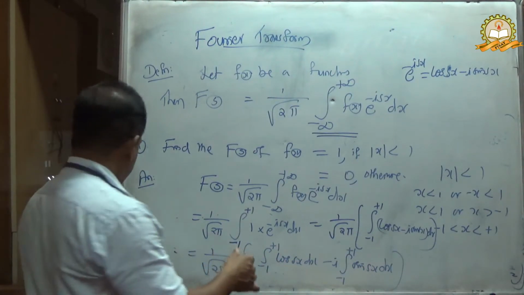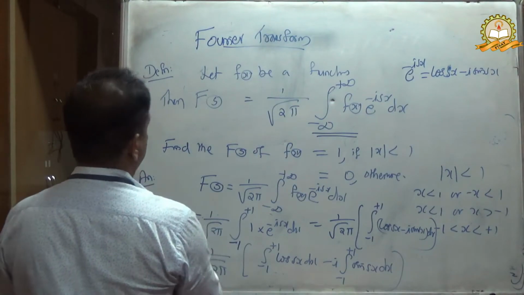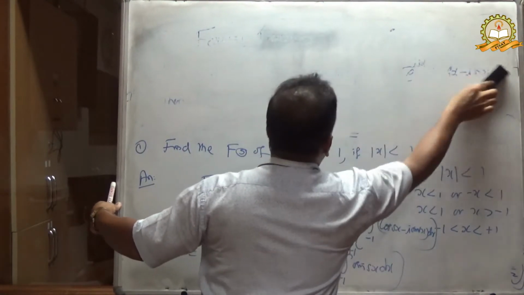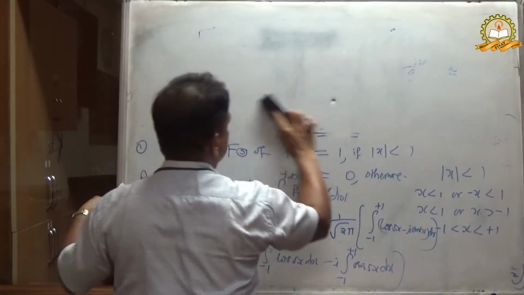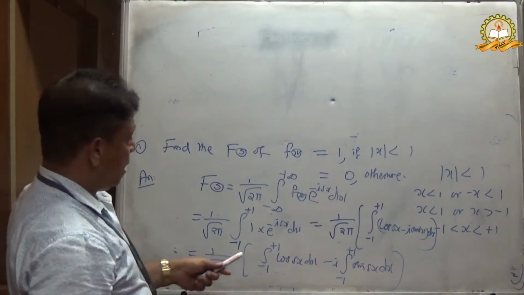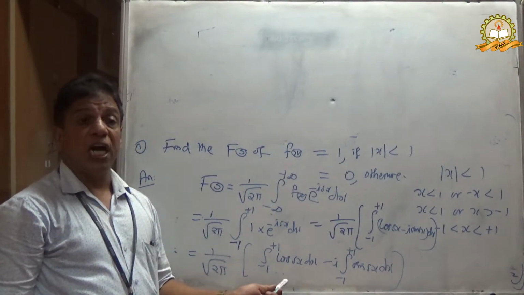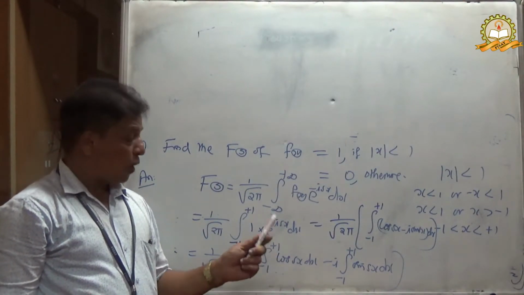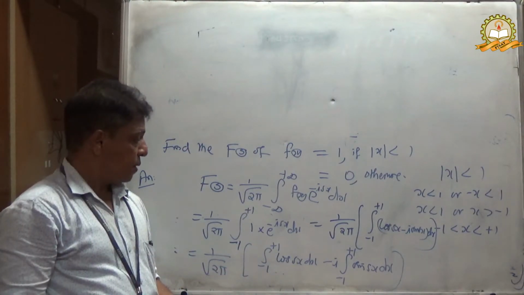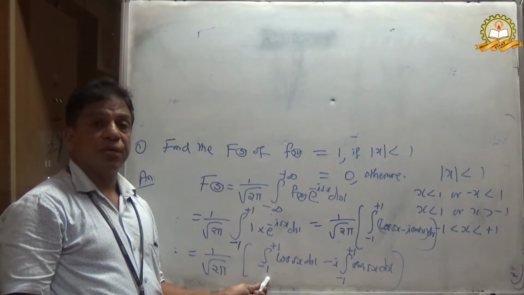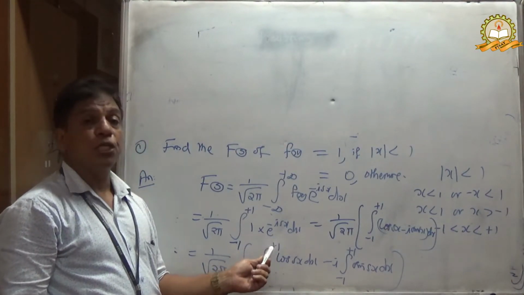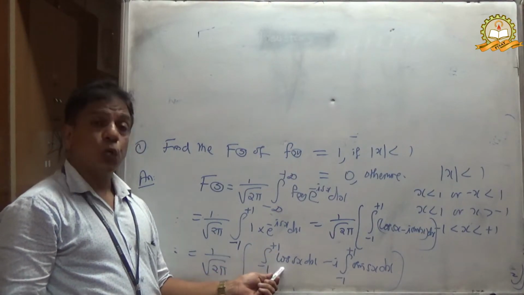Then we can simplify this. In order to simplify this function, here we can apply the property of odd and even functions. We already discussed this concept in the plus 2 level, definite integral. Here the lower limit is minus 1 and the upper limit is plus 1, equal in magnitude but opposite in sign, and the function is cos sx.